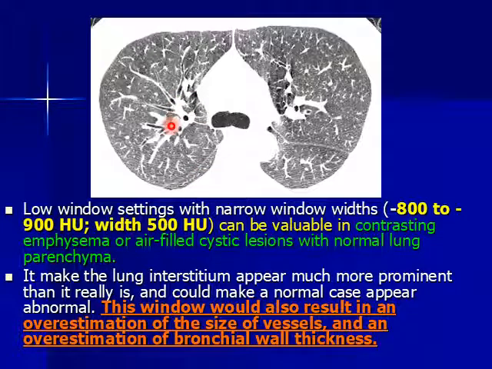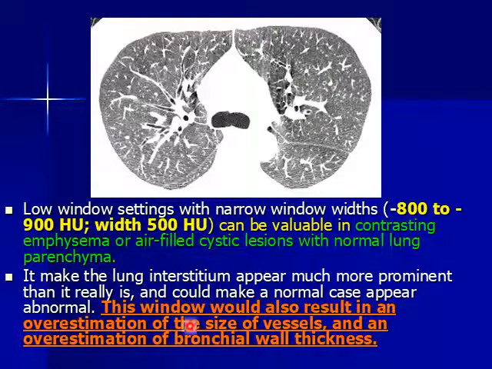This one has importance and has a drawback. The drawback of this window is the fallacious diagnosis of thickening of the wall of the bronchi. This is fallacious. So if you use this narrow window, don't diagnose thickening of the wall of the bronchi.